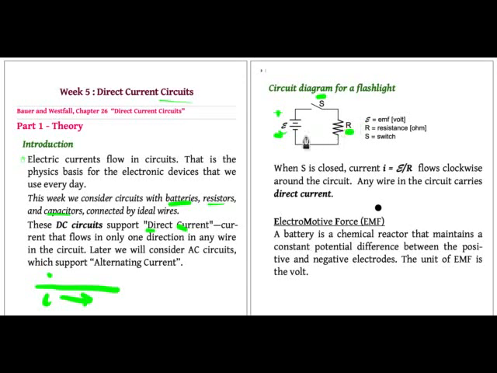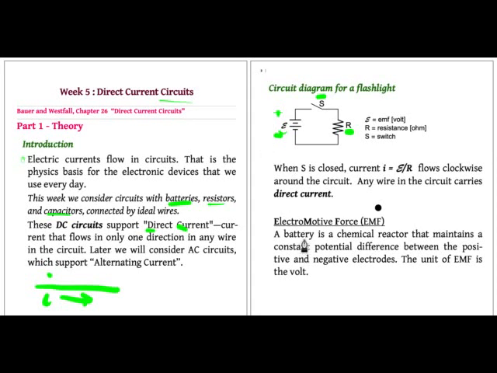This parameter of the battery called electromotive force, EMF, it's a potential. It's the potential difference between the high potential electrode and the low potential electrode, the positive and negative electrodes.